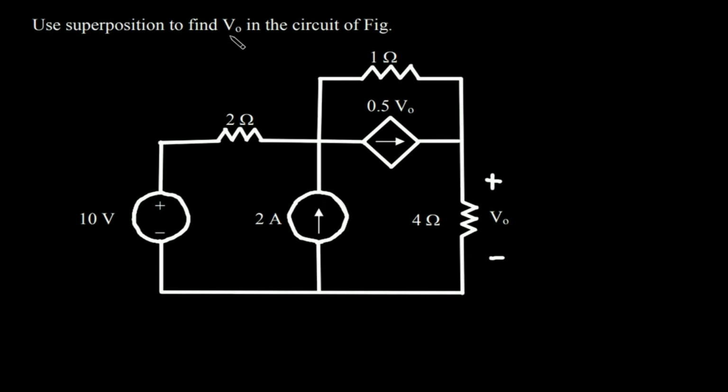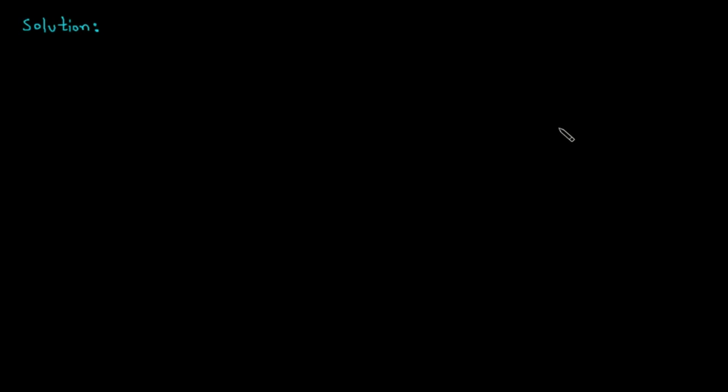Use superposition to find VO in the circuit of figure. We have to find this VO using superposition theorem. As we can see, there are a total of 2 independent sources and 1 dependent source. Solution. First of all, we will redraw the circuit.